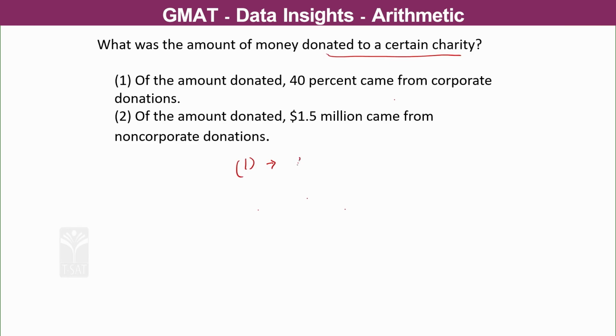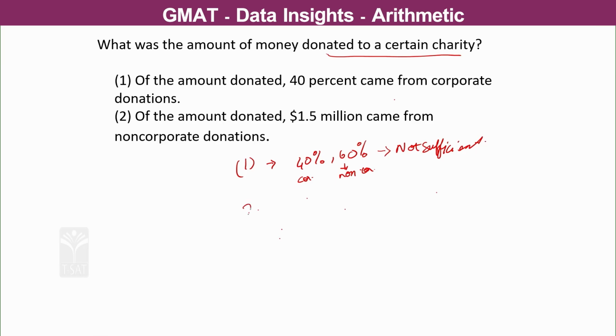That means that 60% will be from non-corporate. But we do not know any amount in dollars donated from corporate donations. So this information is not sufficient to answer the question.